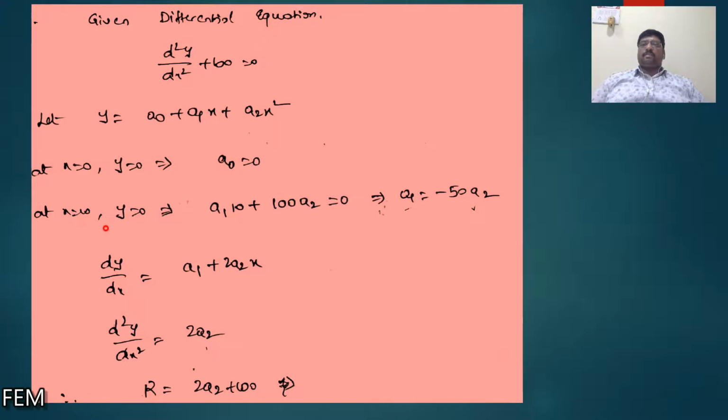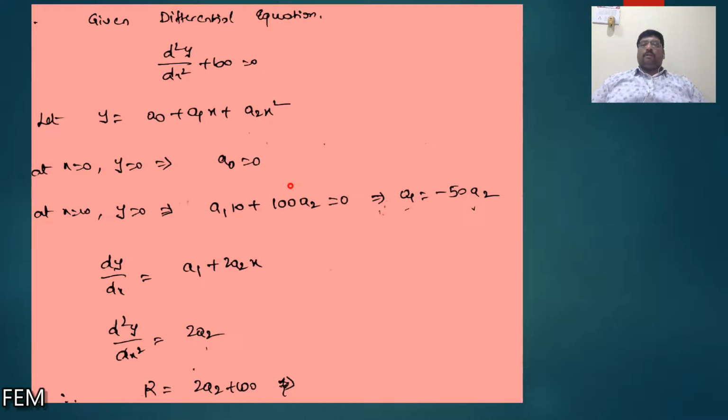At x equal to 10, y equal to 0, if I substitute that, I get a1 equal to minus 50 a2. Substituting a1 and a0 in the equation of y, I get y equal to minus 50 a2x plus a2x square.